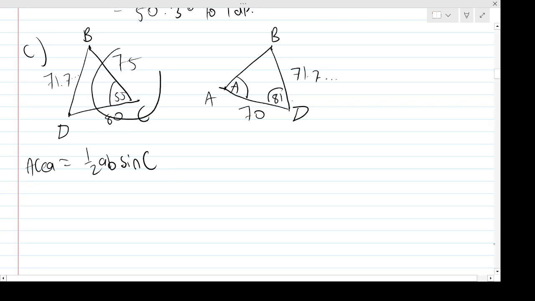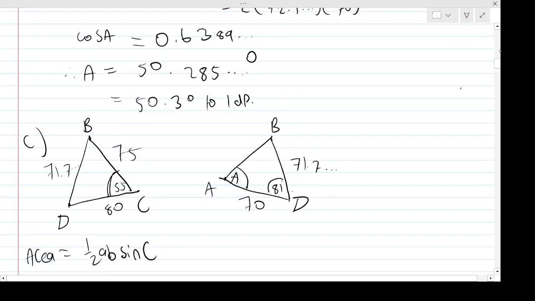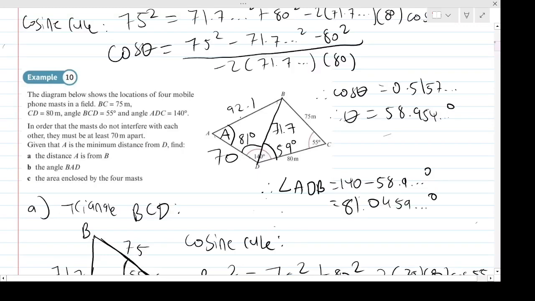Well, this one's quite easy, right? Because I've got the angle 55 here and the two sides 75 and 80 next to it. So the area of triangle BDC, which is the first one, is going to be a half times those two sides, 75 and 80, times sine of the angle 55. Now none of those are long decimals because those were the original values given in the question: 75, 55 and 80.